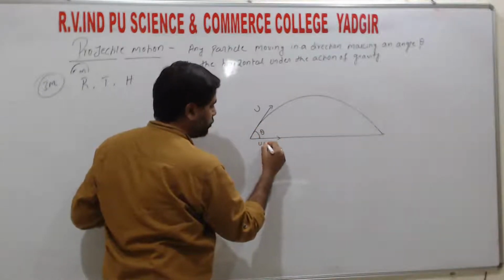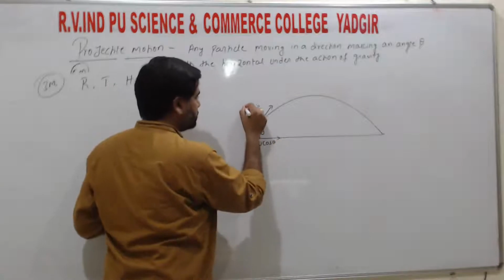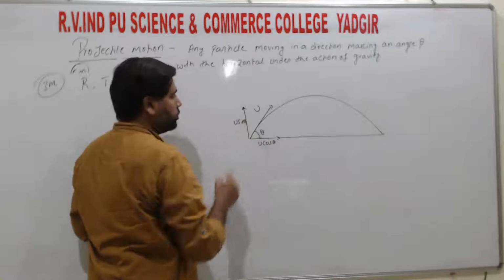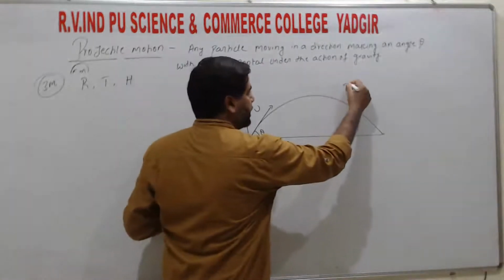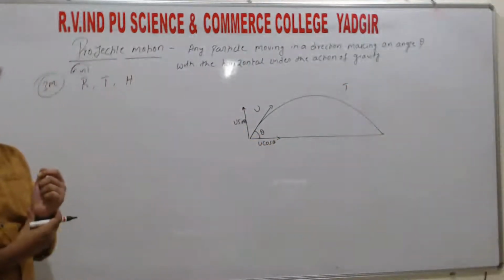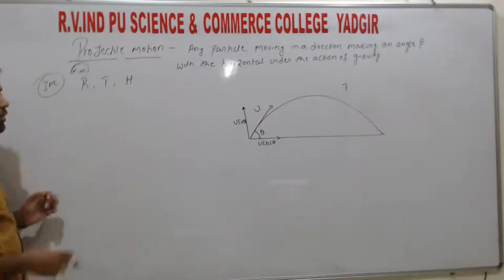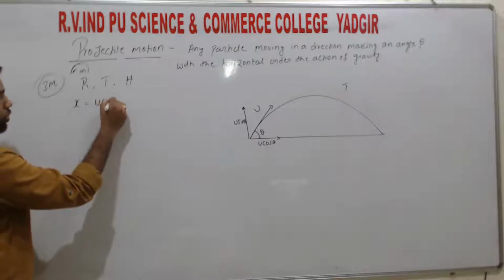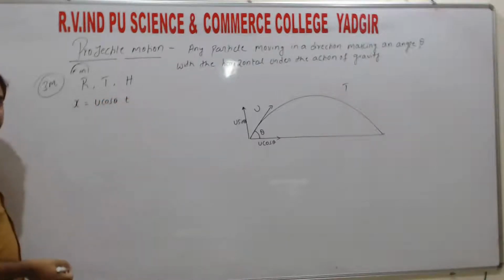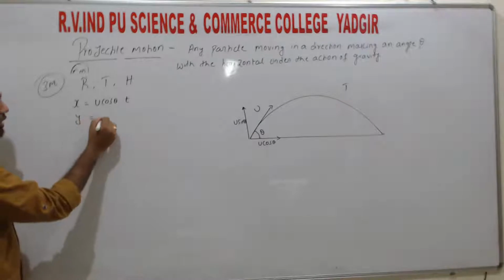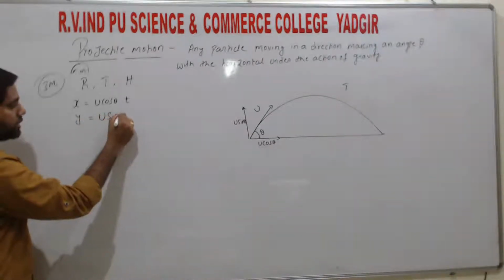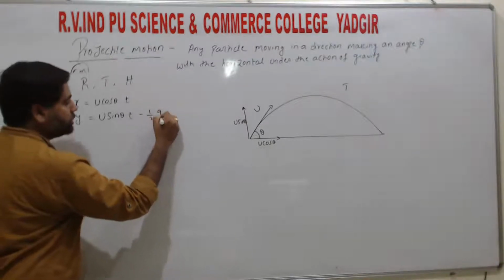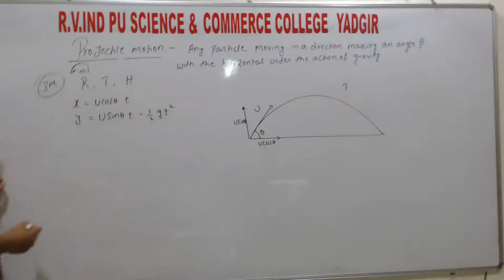Here u cos theta, and u sin theta, right? When t is the time of flight, we have the displacement relation x = u cos theta into t, right? Similarly y = u sin theta into t minus half g t squared, right?